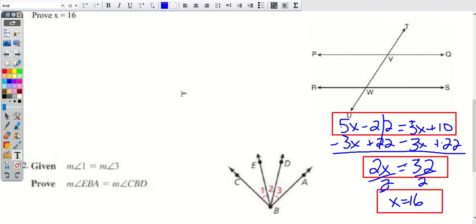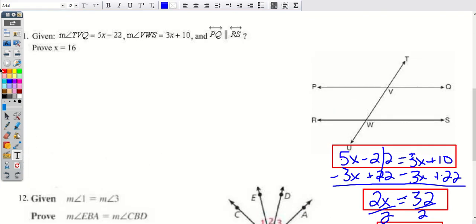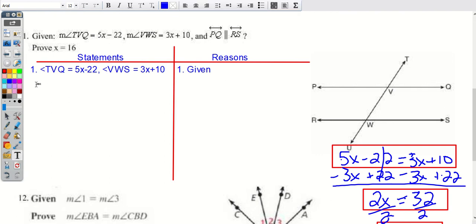All right. So I'm going to do the T-chart, statements and reasons. Go ahead and do that as well. All right. So our first equation, remember, was what we wrote down. That was the 5x minus 22 is equal to 3x plus 10.